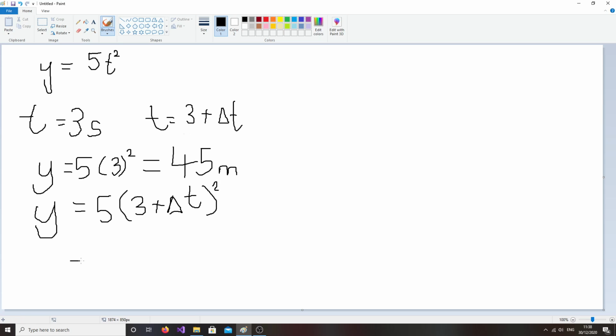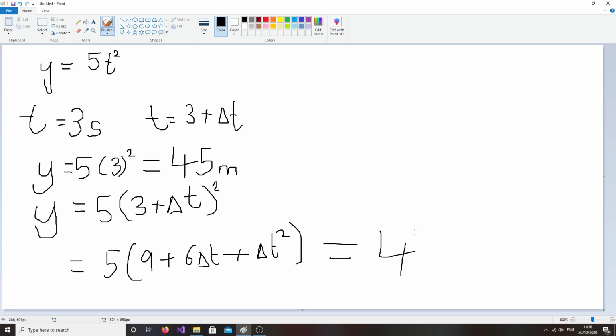Now if we expand that, 5 times (9 plus 6 delta t plus delta t squared), and then 5 times 9 is 45, add 30 delta t, add 5 delta t squared.